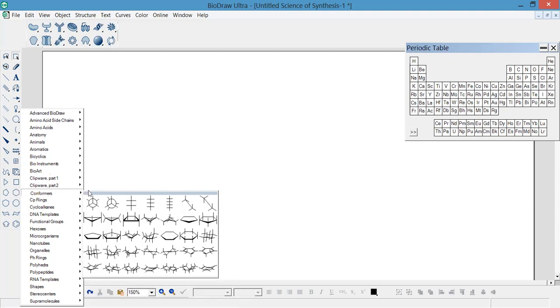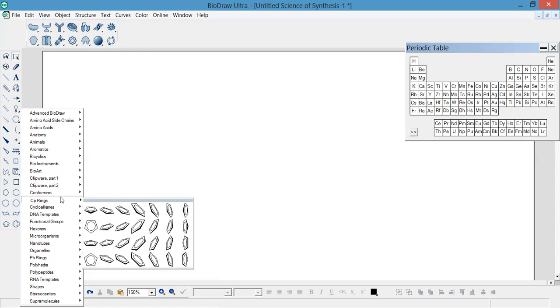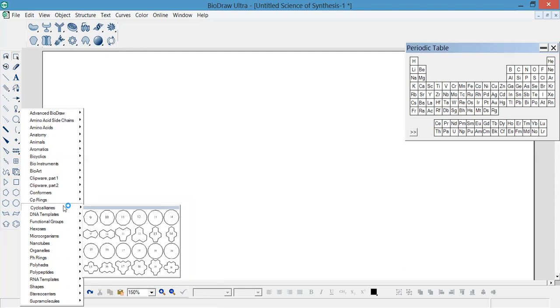These are the different conformers: conformers of cyclohexane, sugar, amylose, amylopectins, like dextrose, maltose, and other different amino sugars, conformers of sugars, and different conformers like conformational isomerism, configurational isomerism. These are the ring systems with different alignments. These are the structures of cycloalkanes.